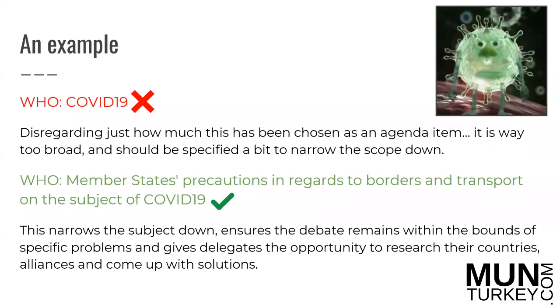It involves all the member states, all the delegations in the conference. And it's narrow enough that they can just Google, for example, let's say I'm the delegation of Canada. I can just Google Canada COVID-19 border regulations, and it will give me exactly what I want.